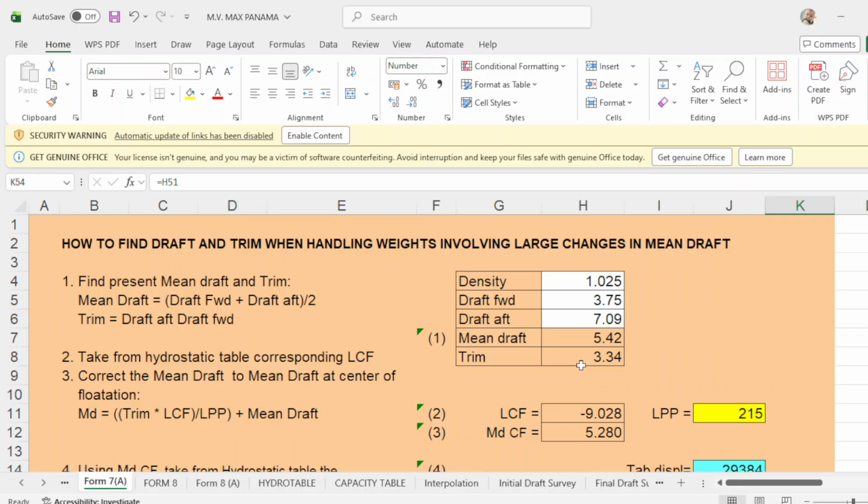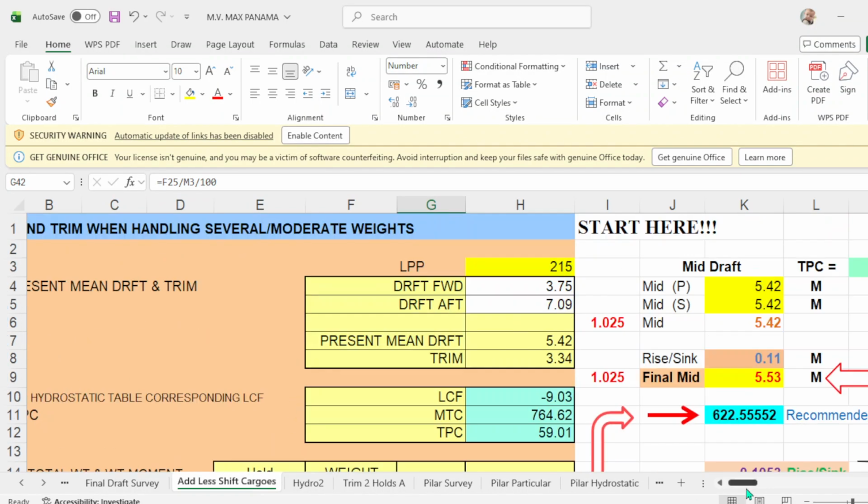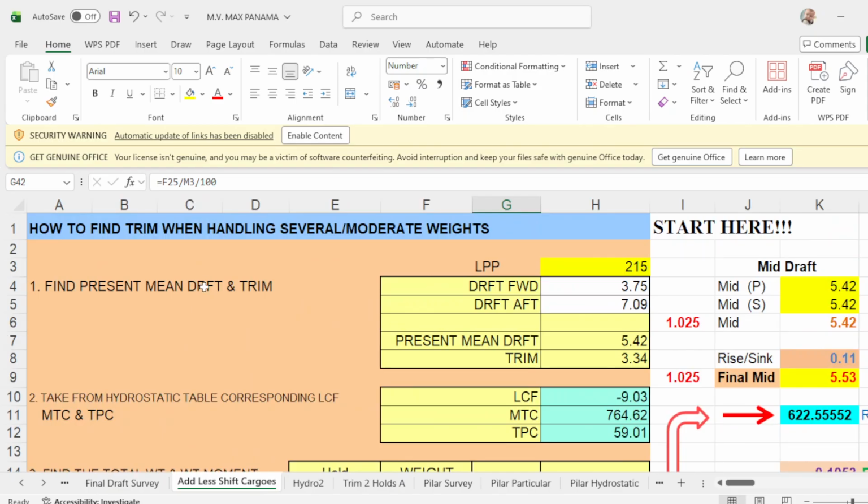Actually there are two programs that you're going to use, this form 7A and this one I use. What you call the add-less, you add your cargo, less your cargo or discharge, or you ship your cargoes with this form number. This is how to find trim when handling several moderate weights. It is the same with this form number 6.